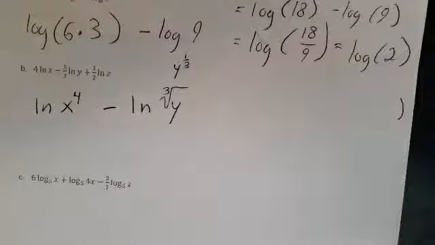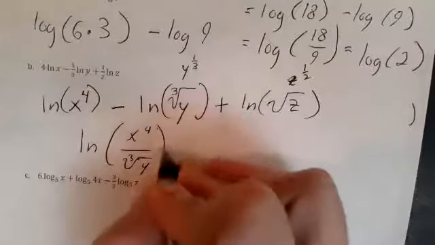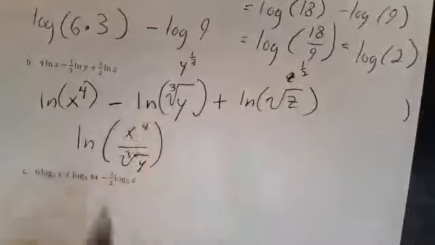And maybe I should really put these things in parentheses to do it at home. We have this thing being divided by this thing inside one log. X to the 4th, this is the cube root of y down here. This gives me my top, this gives me my bottom.